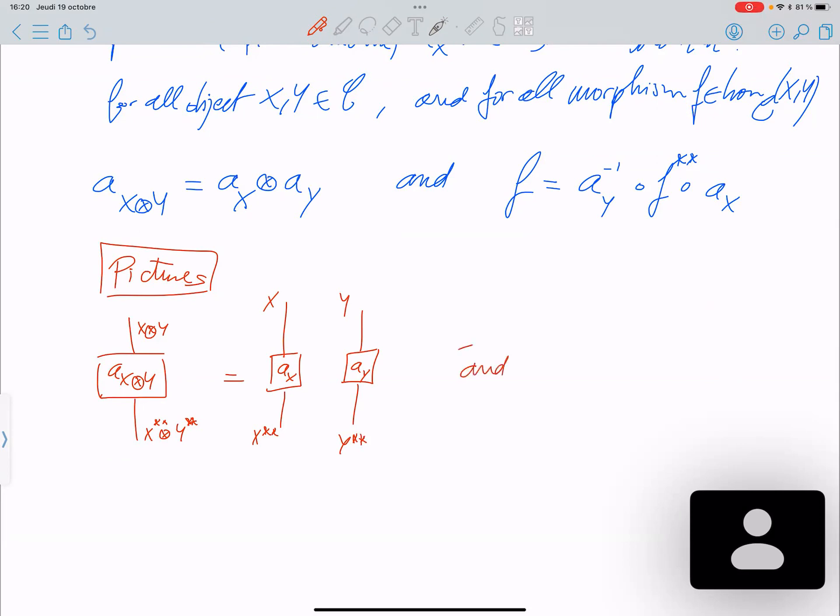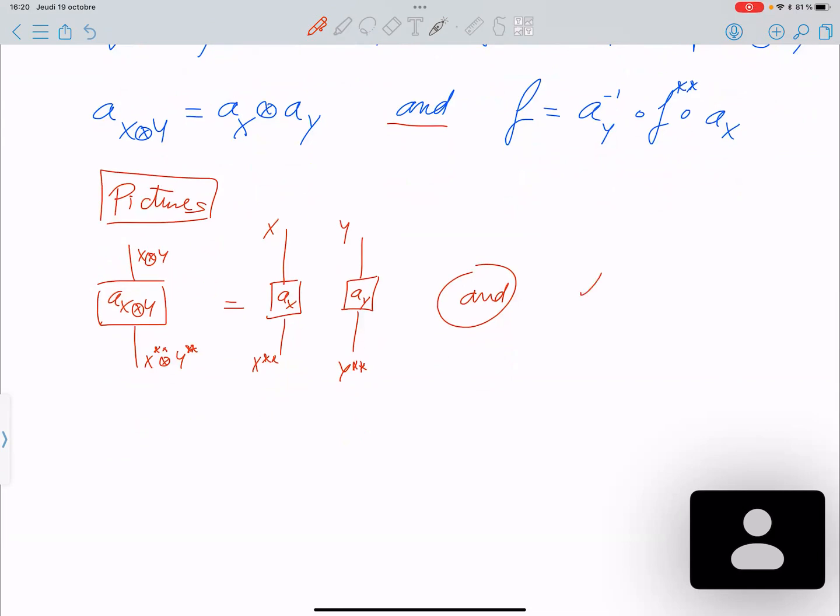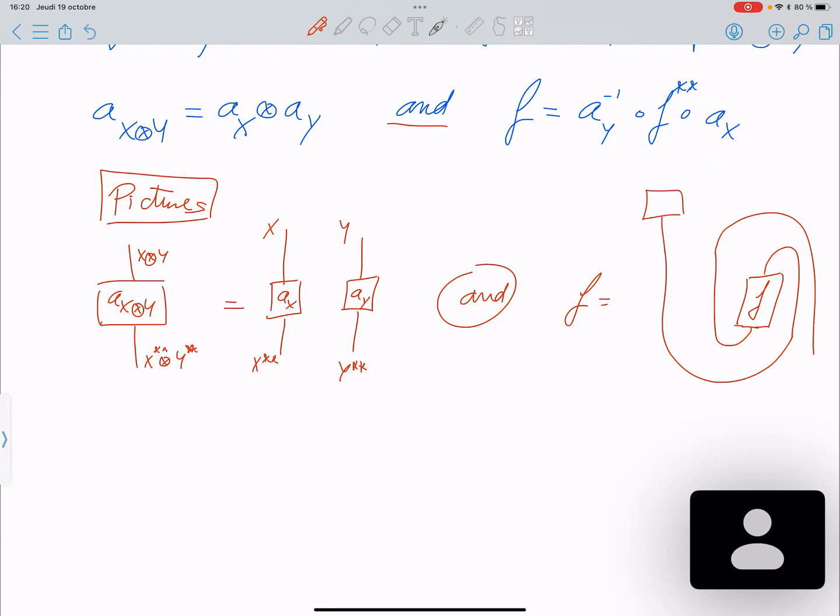And the picture here is that you consider F, you want the double dual. So the dual one time, and again the dual, or double dual. And then you apply some pivotal structure here, A_X, A_Y inverse, X, Y.